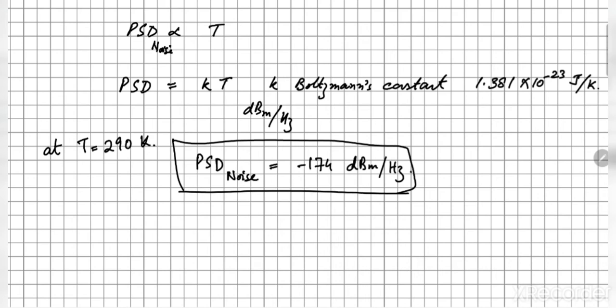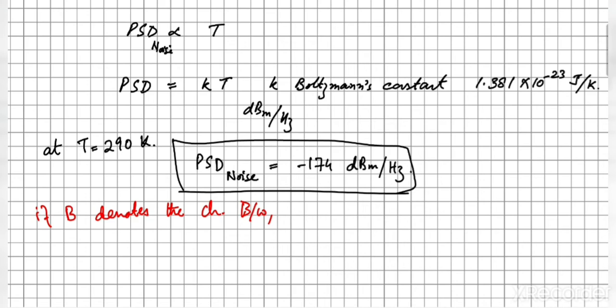Now, if you imagine that the channel bandwidth, the bandwidth of interest, is B, then the total noise power that corrupts the signal of interest can be given just like the case of any power spectral density.